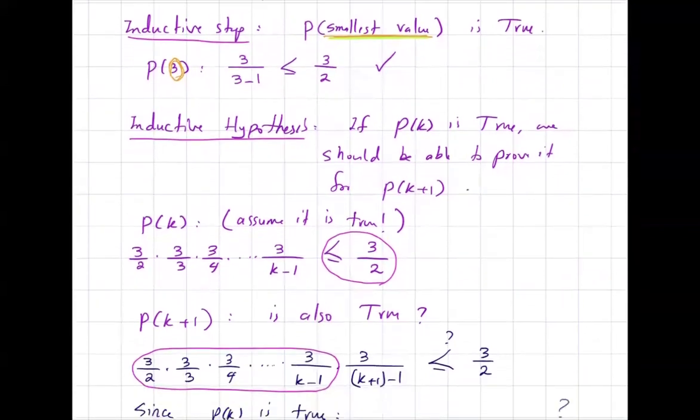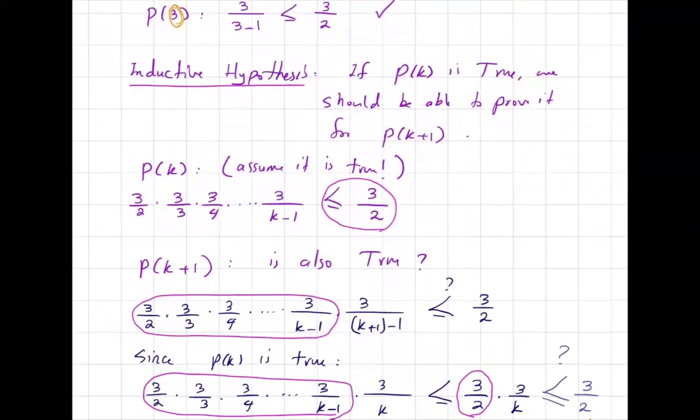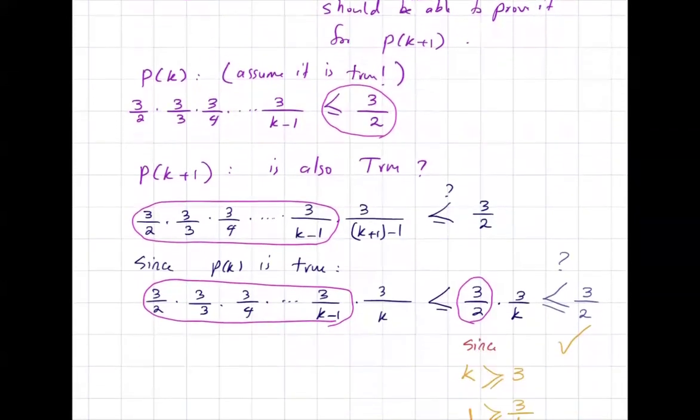To show that Pk plus 1 is true, you just substitute k plus 1 for k on the denominator, but it doesn't eliminate the term that you have below it. But at the same time, 3 divided by 2 times 3 divided by 3 times up to 3 divided by k minus 1 is, using the inductive hypothesis, less than or equal to 3 over 2. And we multiply it by 3 over k.